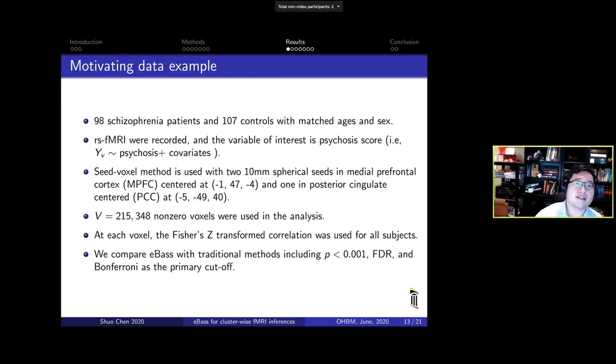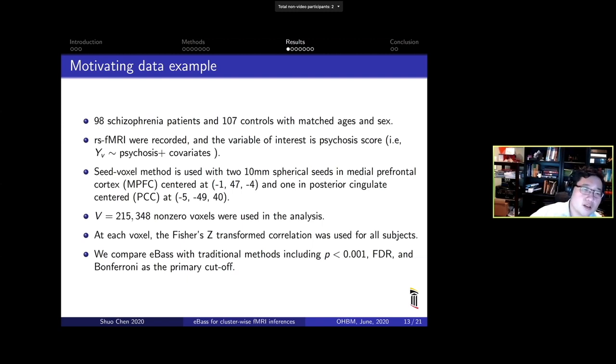So we examine these examples using motivating data. Essentially, we have 98 schizophrenia patients and 107 controls with matched ages and sexes, and resting state fMRI recorded, and the primary variable of interest is a psychosis score. The seed-based method is used with default mode centered seeds and with a 10 millimeter spherical size.